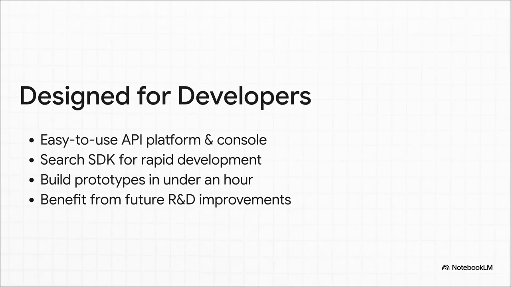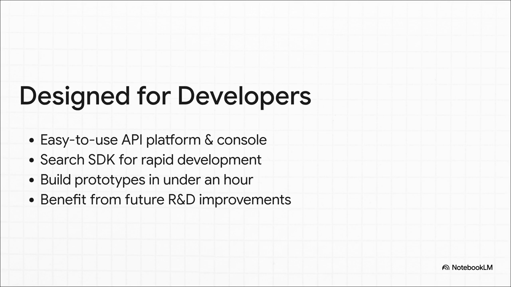And beyond just the raw power, they say they've really focused on the whole developer experience. They've launched a new platform, a new console, and even a special toolkit to make building stuff way faster. They say their own engineers were able to build impressive prototypes in less than an hour.